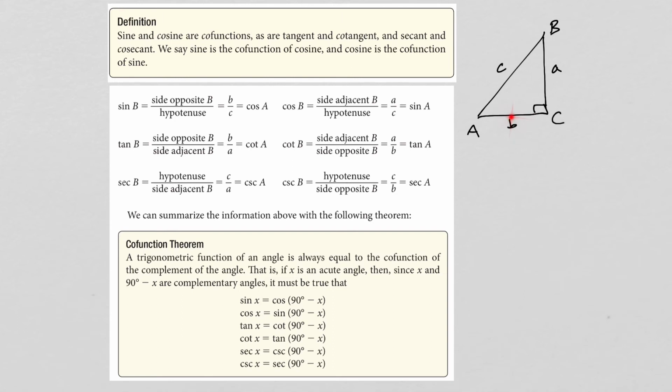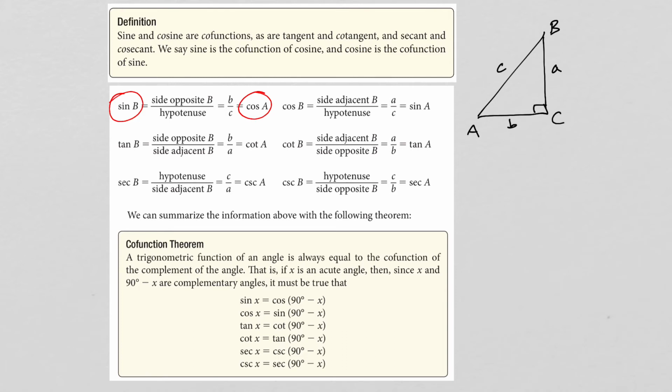So side B is opposite angle B, etc. So again, sine of B is the opposite side divided by the hypotenuse, and cosine of A is the adjacent side divided by the hypotenuse. So you can verify that sine of B and cosine of A are equal.